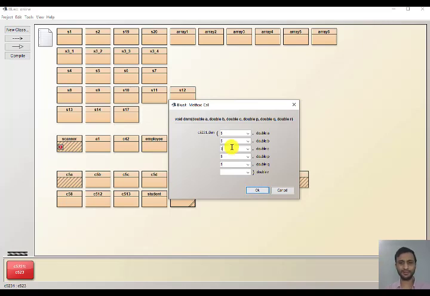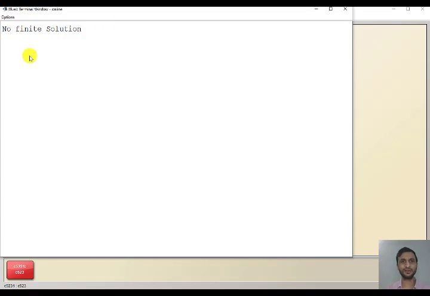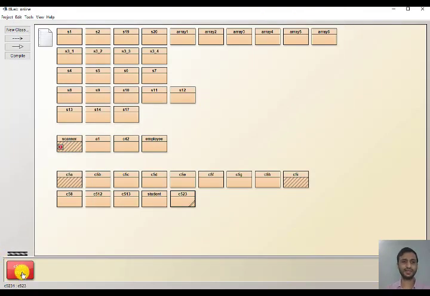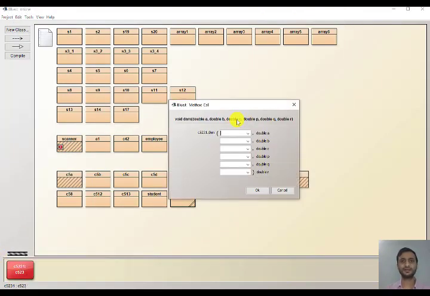Let C be 10 and R be 10. So here I have taken values such that A into Q is 25, B into P is also 25, meaning I want to keep the denominator 0. So if the denominator is 0, the answer will be no finite solution. See, we are getting no finite solution. Let us take any other random value such that AQ minus BP is not 0.